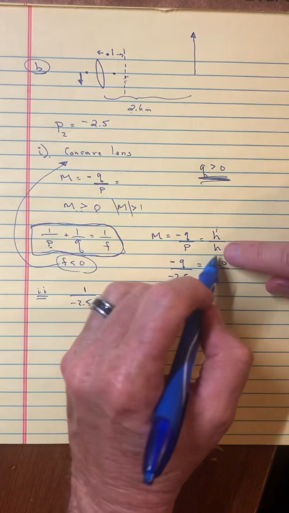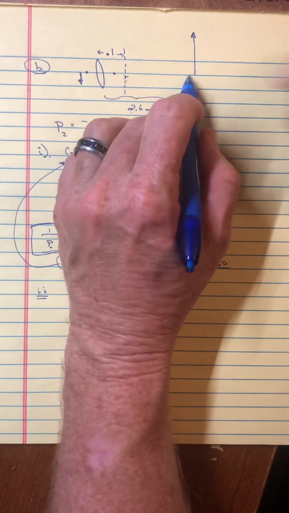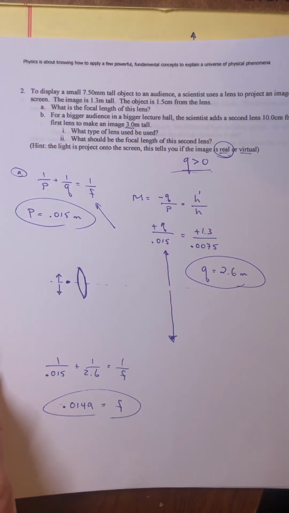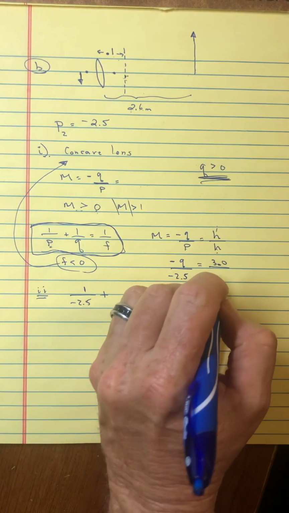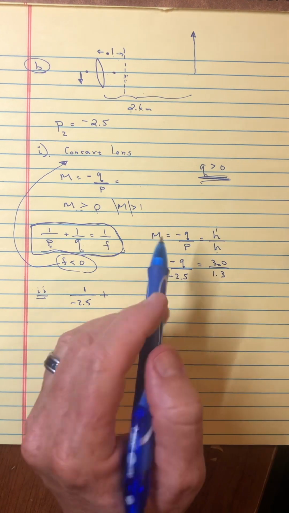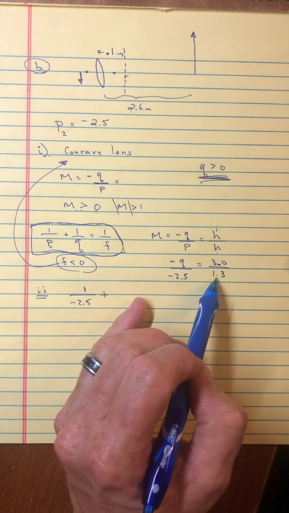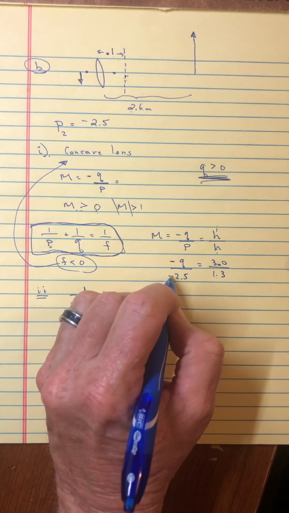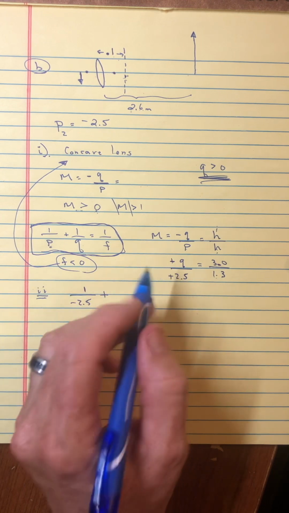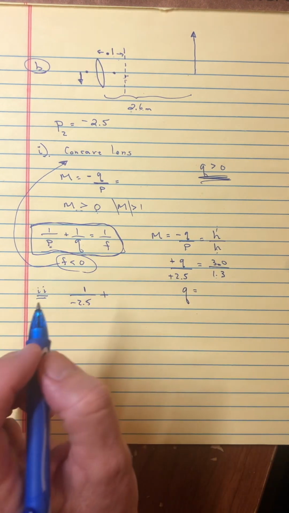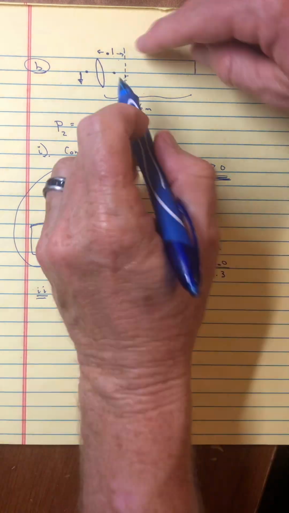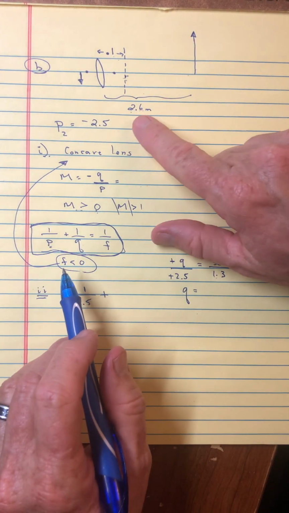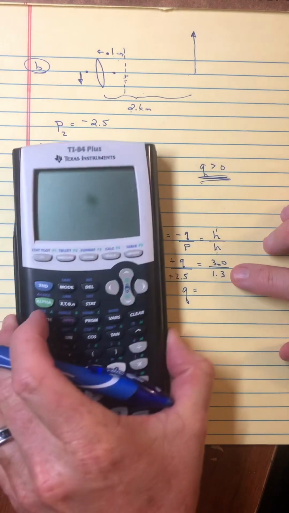So our object for the second one is the height of the image from the first, and we were told that at 1.3 meters. And again, we want this to be positive, and that's good, because then we're going to get a negative over a negative, and we're going to get Q as a positive number, and again, further out than 2.5 meters.